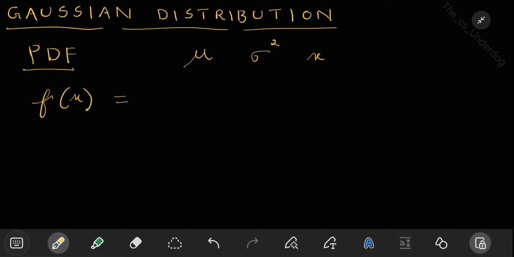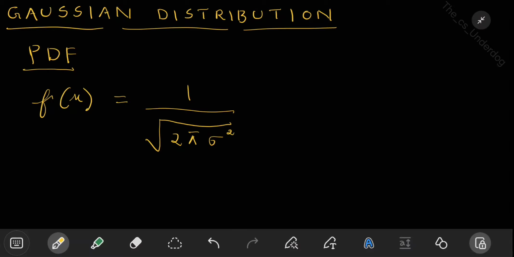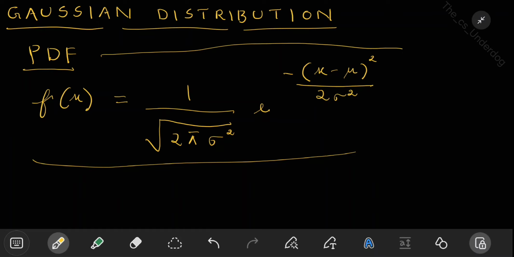So the probability density function of a Gaussian distribution is 1 by root of 2 pi sigma square into e raised to minus of x minus mu the whole square divided by 2 sigma square. This is the probability density function of a Gaussian distribution.